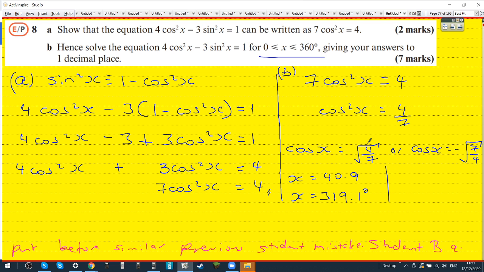And then you do cos x equals minus square root of 4 over 7. Oh, sorry, I wrote it wrong. It's 4 over 7.